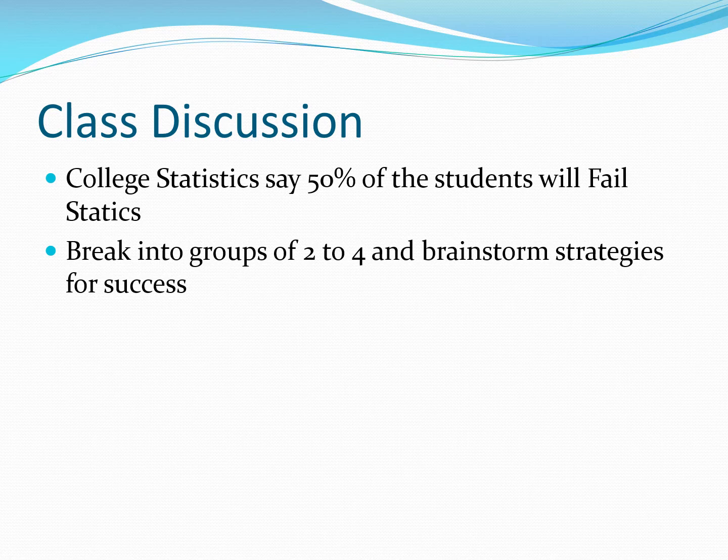So what I usually do is have people break into groups of 2 to 4 and brainstorm some strategies to think about what you are going to do differently so that you're not in that 50% that fail. Obviously this is a video, it's not interactive, but it's something to think about as we start talking about this first chapter. What are you going to do to make sure that you're not one of those that is going to be in that 50%?